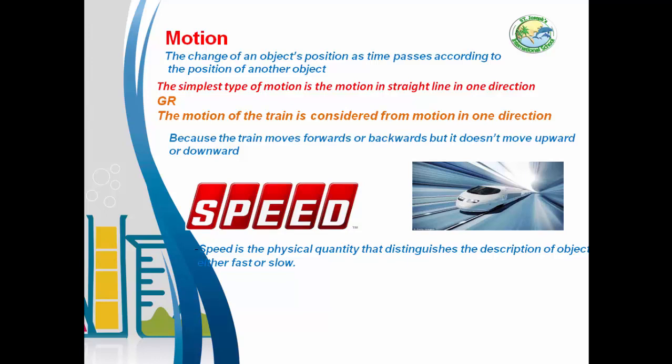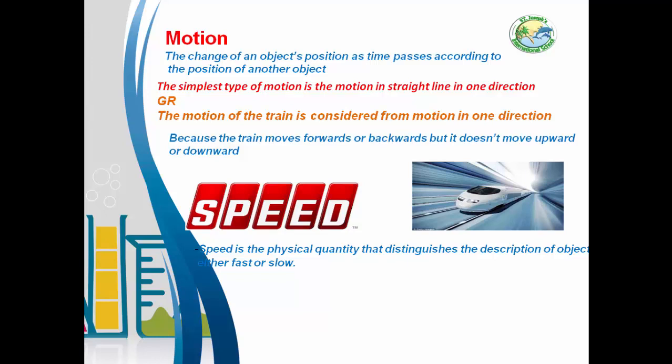For example, if we have two cars moving on the same road, where the first one takes shorter time than the second one to cover the same distance, which of them is faster? Of course, the first one is faster because it takes less time to cover the same distance.